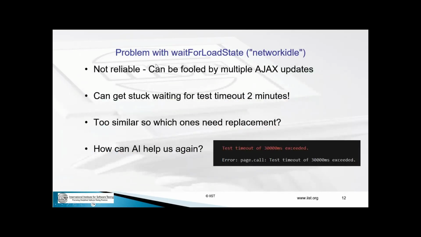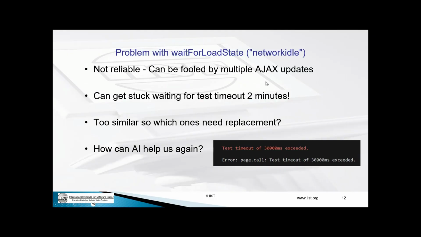And one of the problems we have with wait for load state network idle, which you would learn as we go along. First of all, it's not reliable because if you have multiple page updates, and we call those AJAX updates, the asynchronous Java updates back in the day, I'm sure there's another term for it because it's been changing over the years, that can fool it into thinking, yeah, the network's idle.